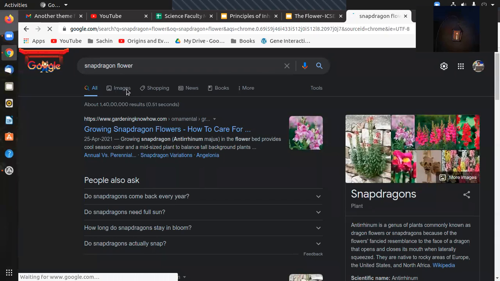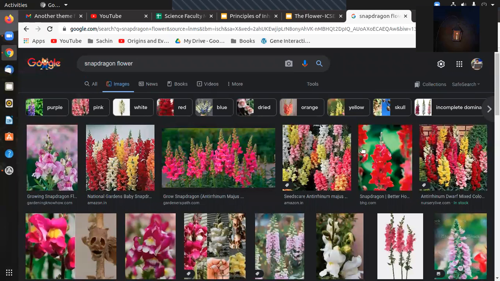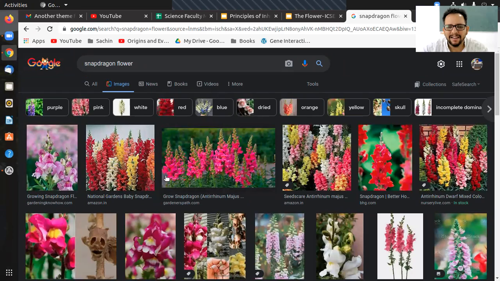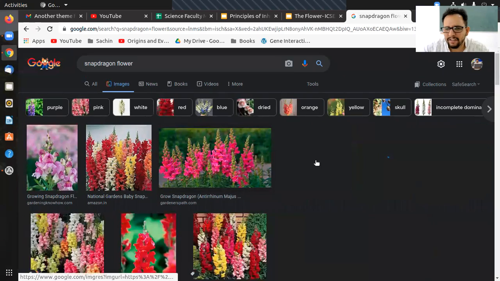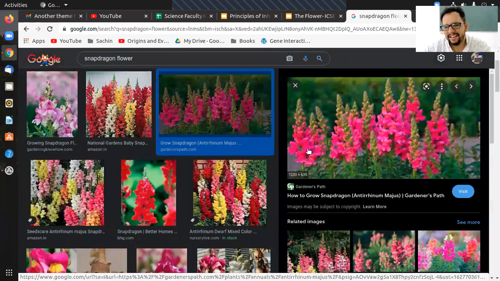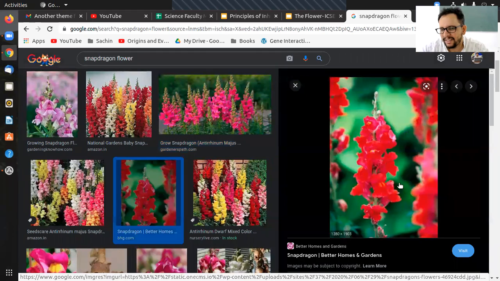Yeah, these are called snapdragon. The reason being the individual flower has some similarity with a dragon face. Not exactly, but it is just an analogy some people must have used to give a name. So this looks like a dragon face, and that's why it is named snapdragon.